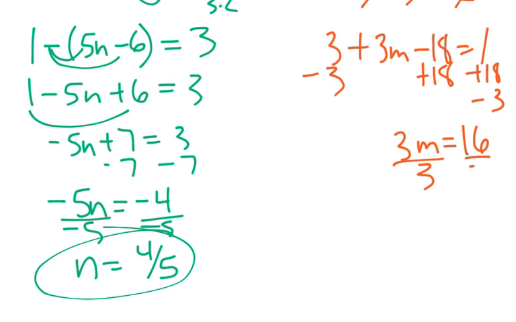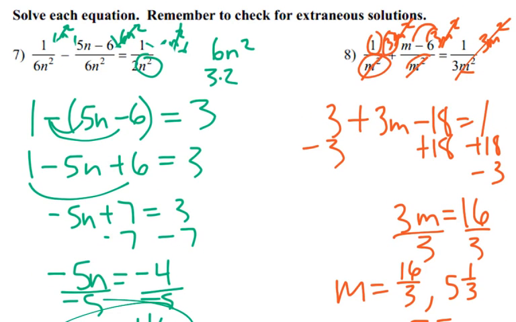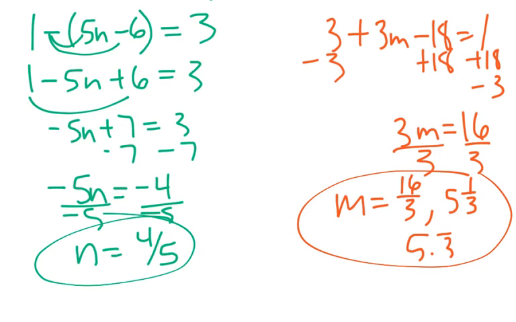Divide by 3, we get m equals 16/3, or that would be 5 1/3, 5.3 repeated. Which I look up here, 5 squared, times 3, not going to be 0. So that's my answer, meaning each one of these is the same thing, depending on which way you like to write it.